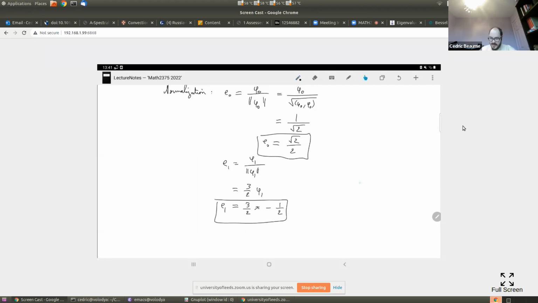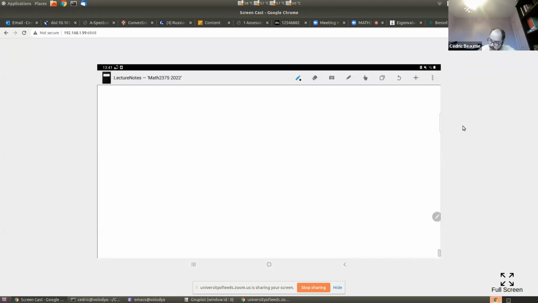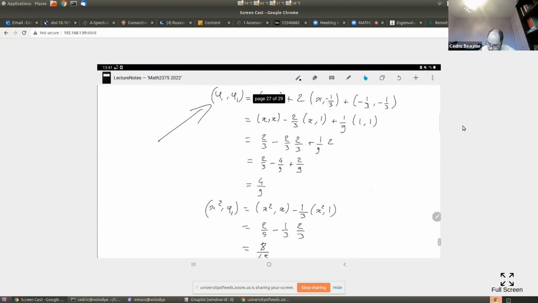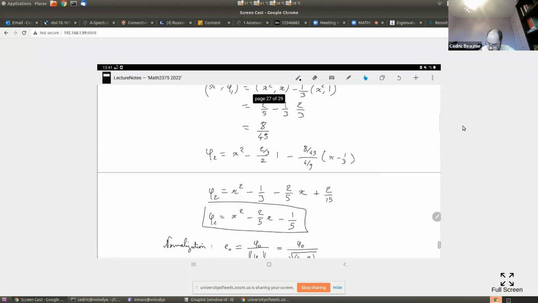And then let's do E2. So E2, that's going to be phi2 divided by the norm of phi2. Okay. And phi2 with phi2, did we calculate this? No, we didn't.